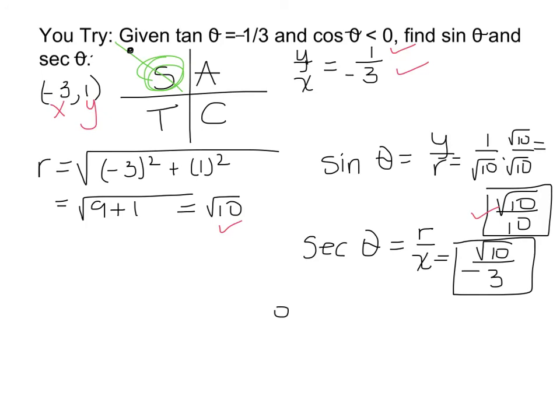Now remember, if you don't want to memorize the x, the y, and the r ratios, you can draw the triangle. But it's very important that you know which quadrant you're in. So if you wanted to draw this triangle, this would be theta, and then y is 1, and my x is negative 3.